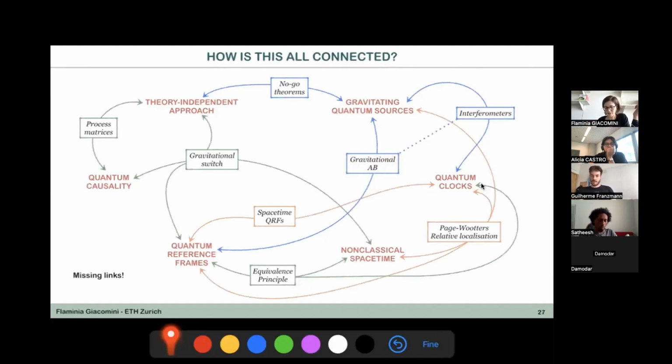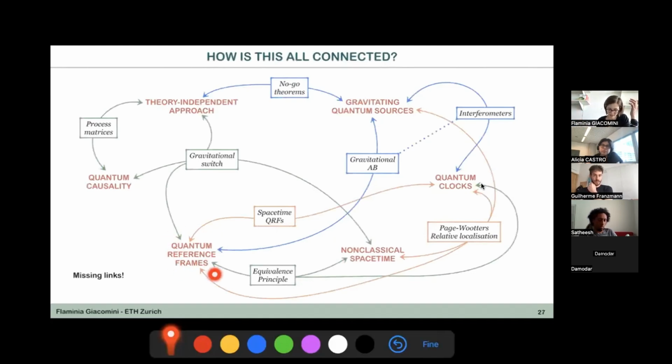And clearly the gravitational Aharonov-Bohm experiment is an interferometer. Quantum clocks also, through spacetime quantum reference frames, are a topic that connects both these topics that I've discussed. If we use Page and Wootters' description, and in particular the relative localization of events, basically these interacting quantum clocks via gravity we sometimes call temporal quantum reference frames.